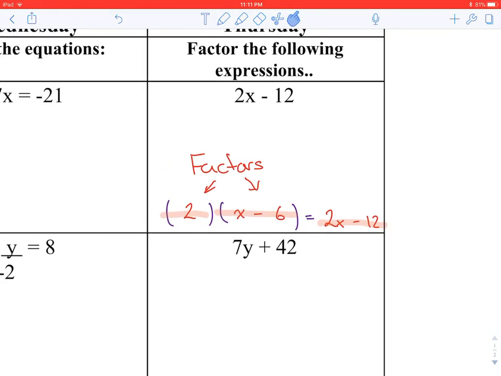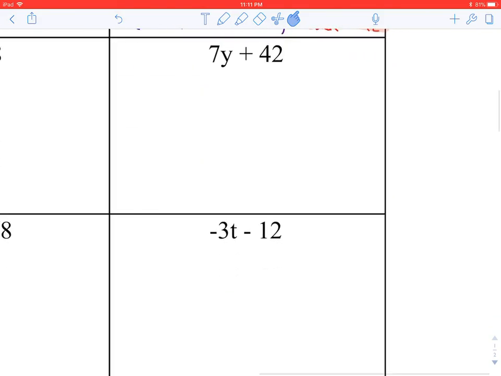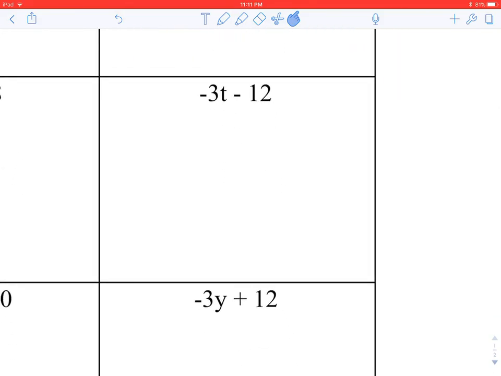Hopefully, conceptually, that's making a little more sense, or at least you now have the technique down. Let's do another one together. Let's do this third one. Again, you're going to be ending up with 2 sets of parentheses. In the first set, I'm going to choose my greatest common factor, the biggest number that can go into both 3 and 12.